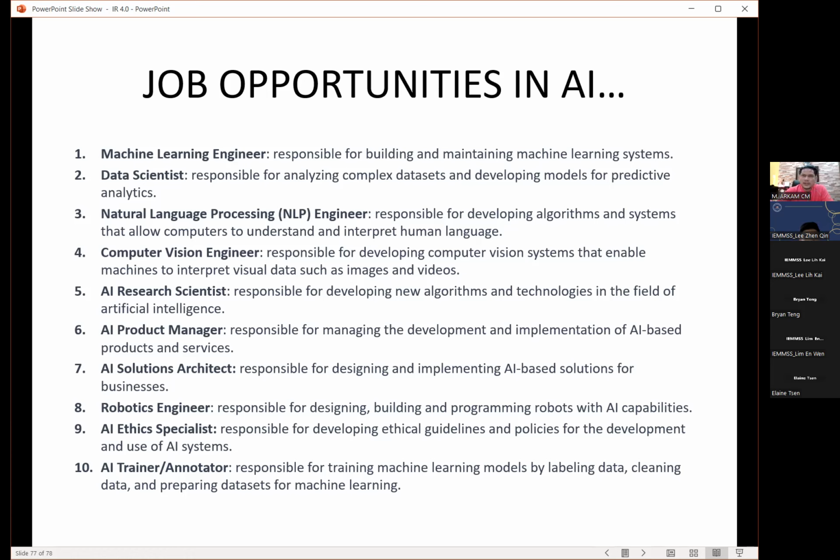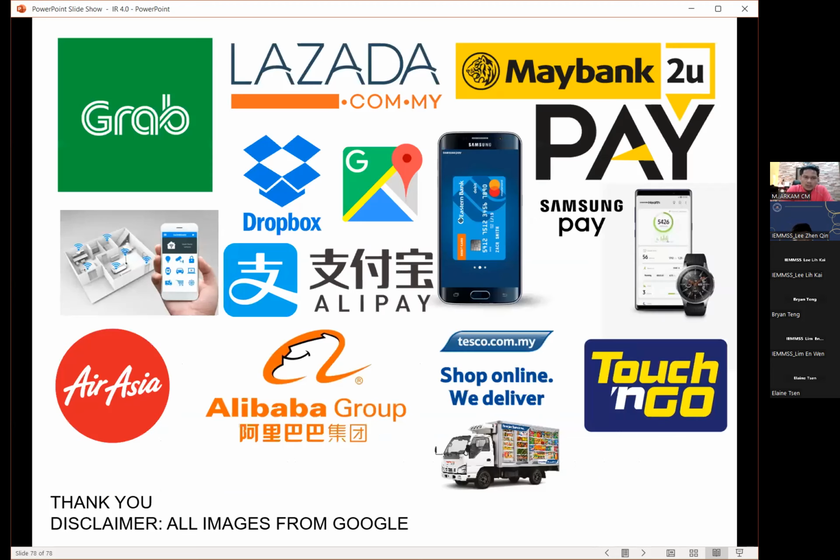This is part of the new job descriptions or new job opportunities that may surface in the very near future for you. If you are computer engineering or software engineering students, look into this kind of new work function, so that you can be early in the market and see how you can go for your future in your career.